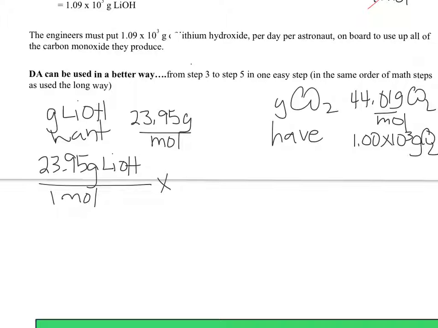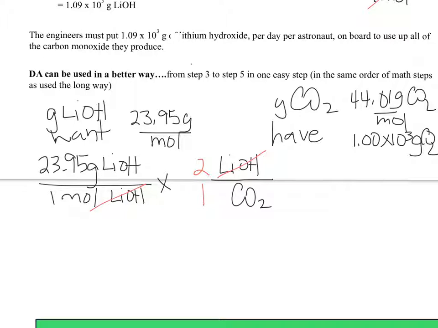This is moles of lithium hydroxide. So, we need our mole ratio, but lithium hydroxide has to be on the top because we want it to cancel. And the coefficients from our balanced chemical equation are 2 to 1.